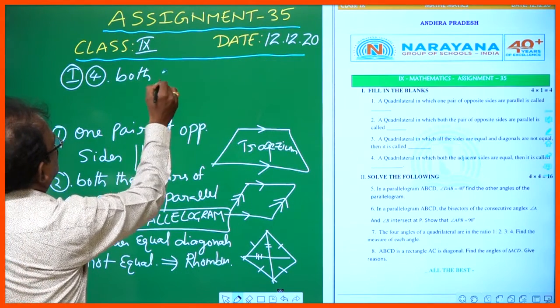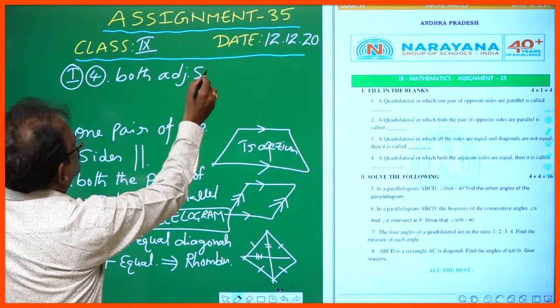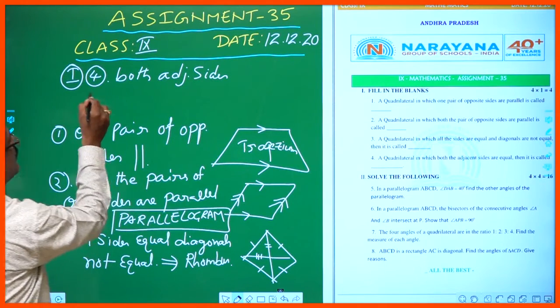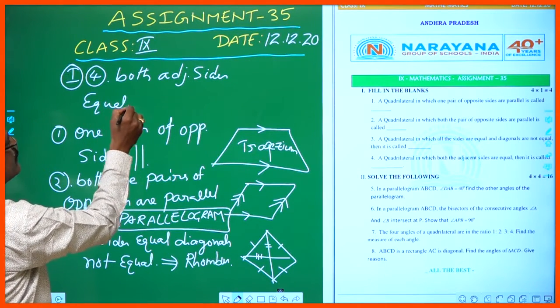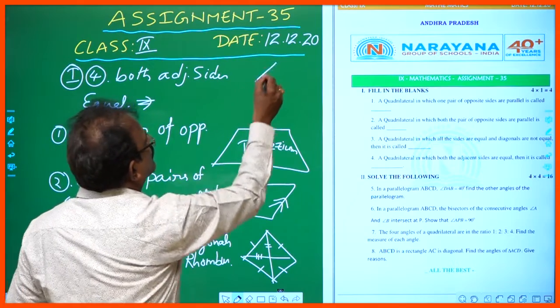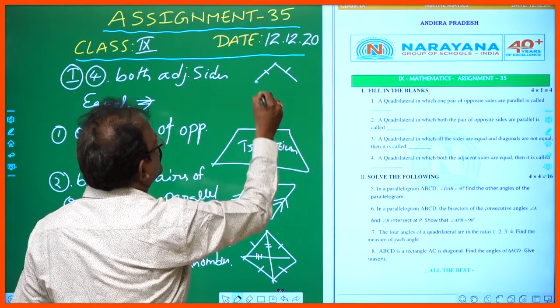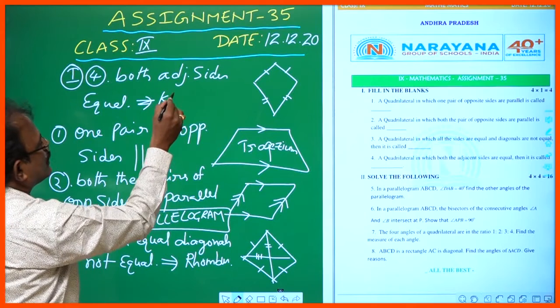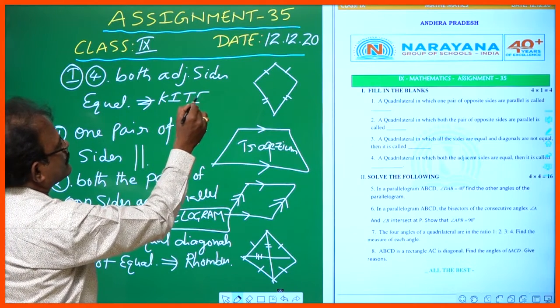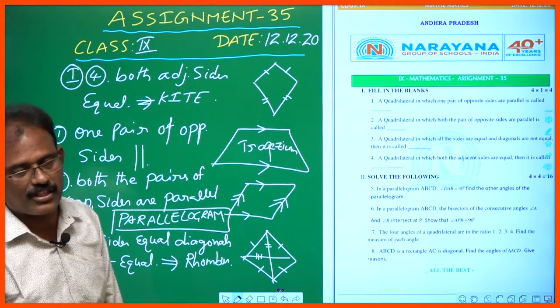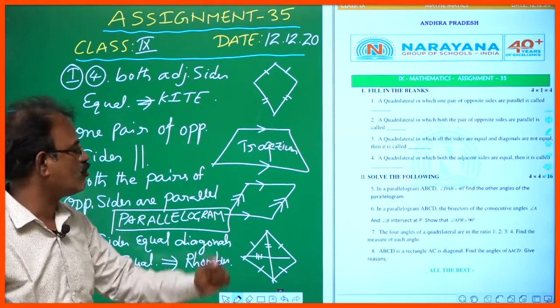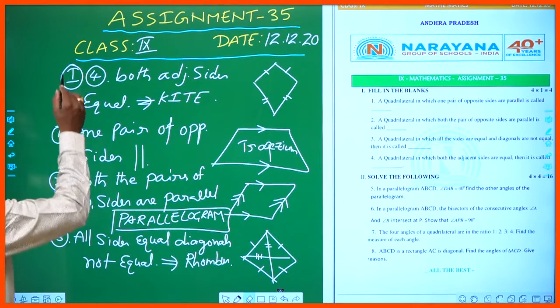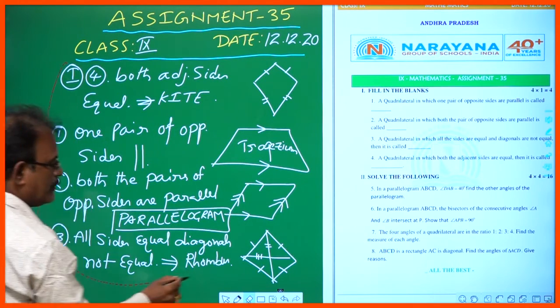Then, see here, these two are equal, these two are equal, then it is none other than a kite. It is a kite, children. So this is the explanation for first Roman. So let us go for Roman number 2.